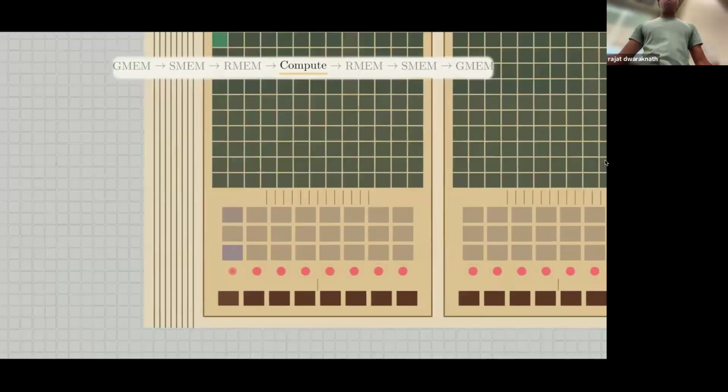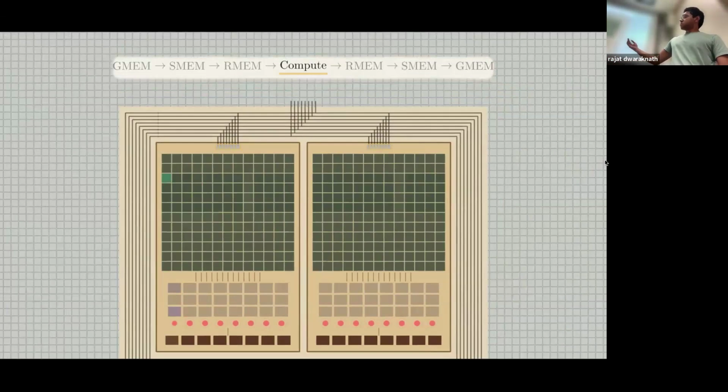So now you have to write it back into the shared memory, and then from the shared memory to the global memory, right? The main takeaway that I want you to have from our abstract blobs is that it's very similar to that, but now there's a hierarchy of memory. I can move data into an intermediate space that's slightly smaller but faster to access. Then there's another level of the hierarchy before I can get to the compute.